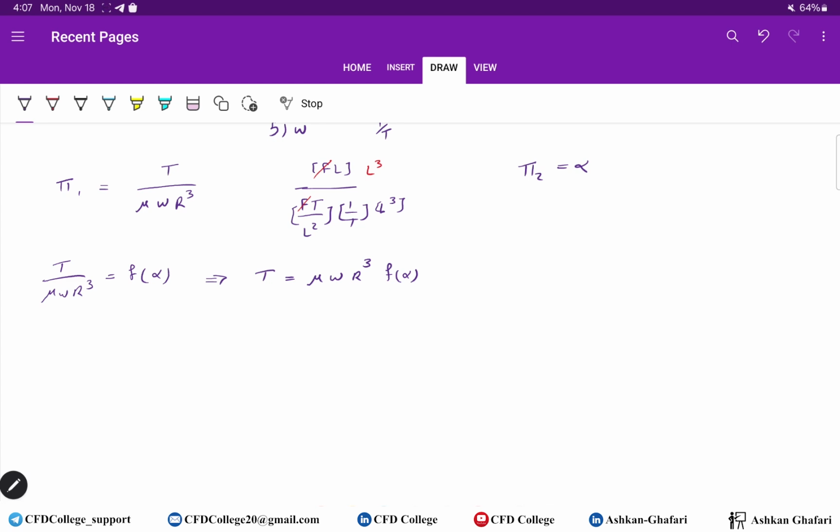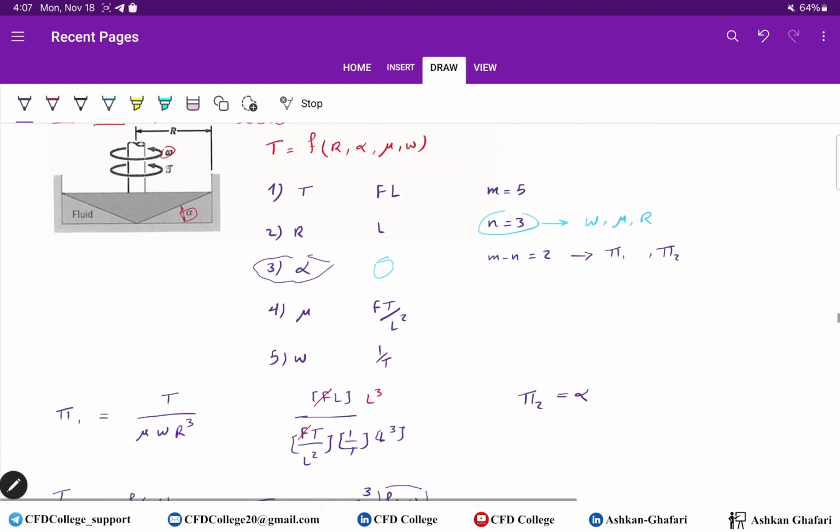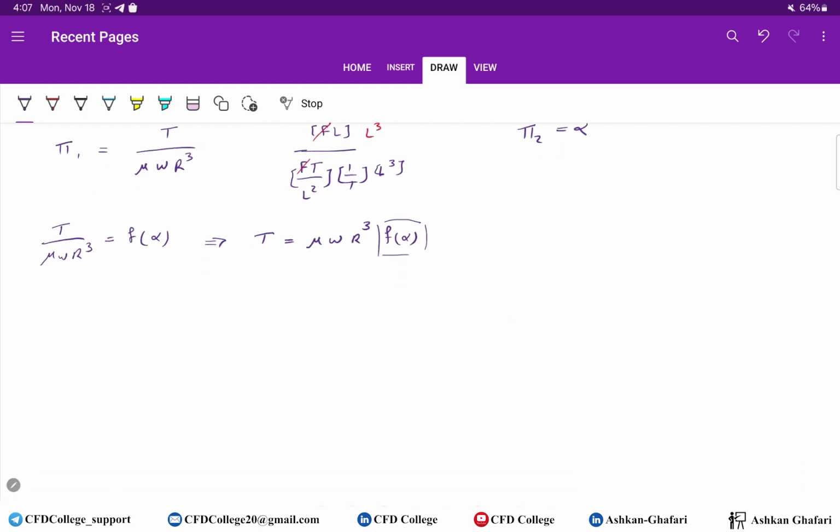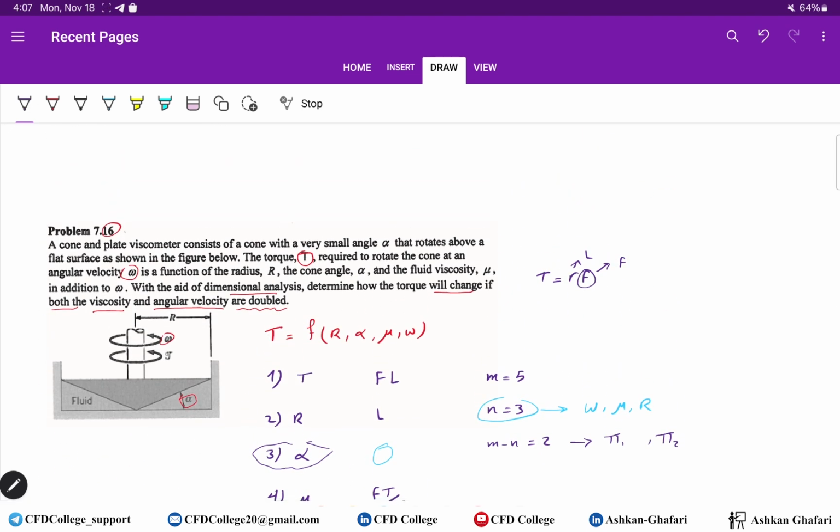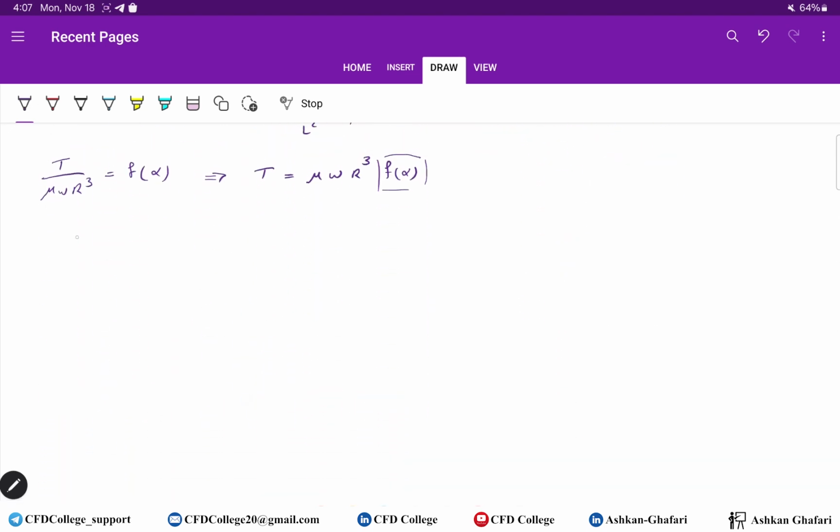We don't know it, but since alpha is fixed and also radius, it doesn't matter what is f of alpha, function of alpha. We wanted to know that if we double the viscosity and angular velocity, so mu and omega are doubled, we have a linear relationship for each of them between each of them and torque.